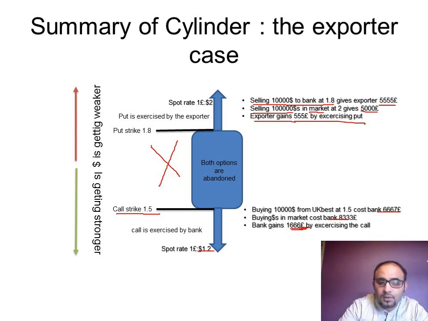So it is logical that the bank will exercise its option with UK Best. So it will buy the dollars from UK Best, making a huge saving of 1,616.